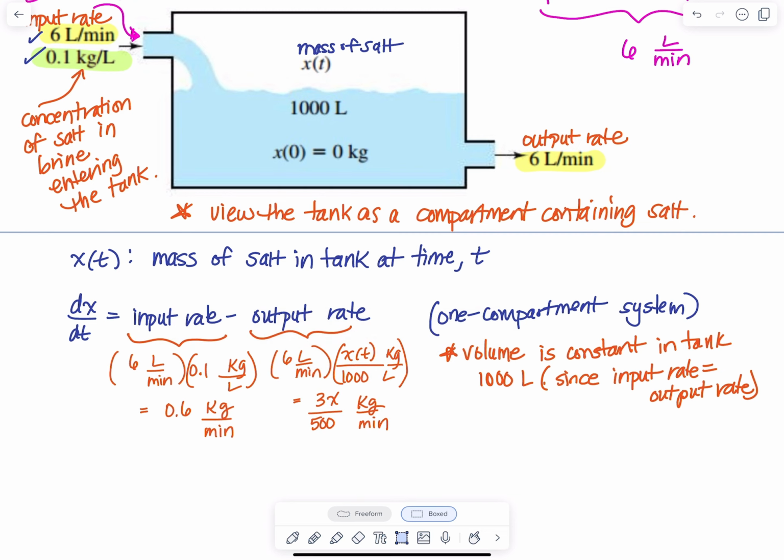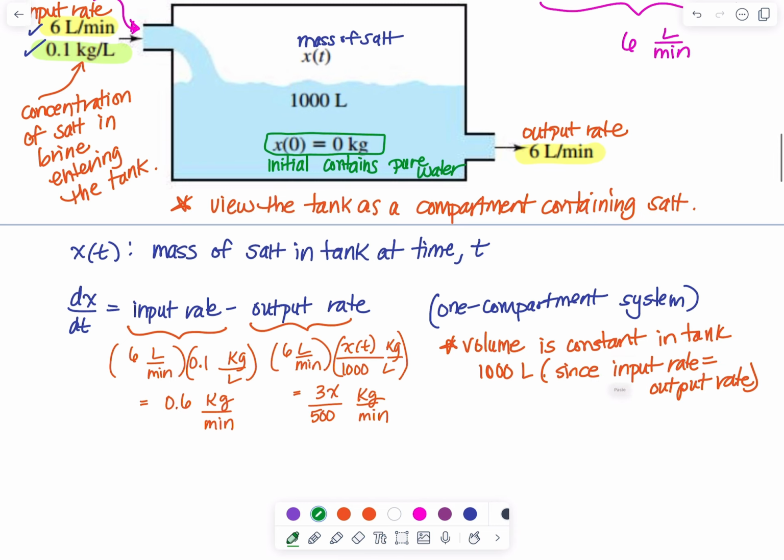Now, the tank initially contains pure water. So that is why we have the initial amount or mass of salt is 0 at time 0.